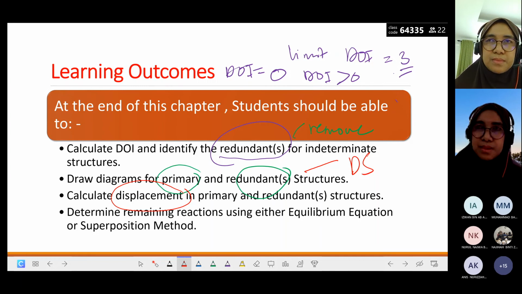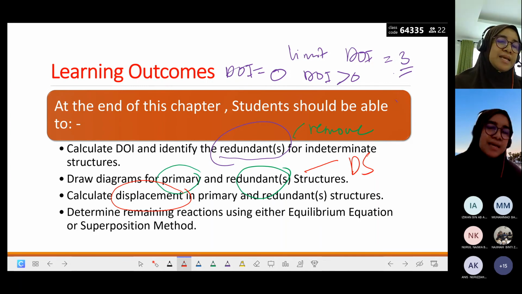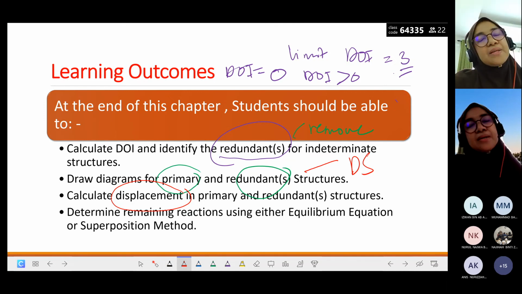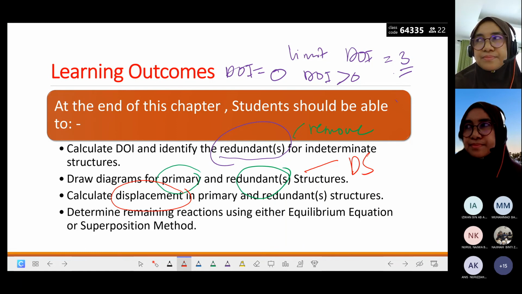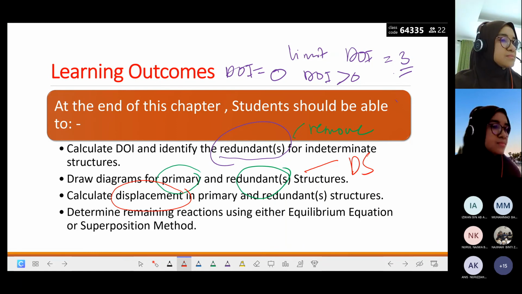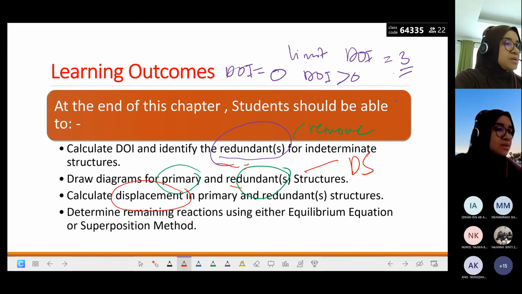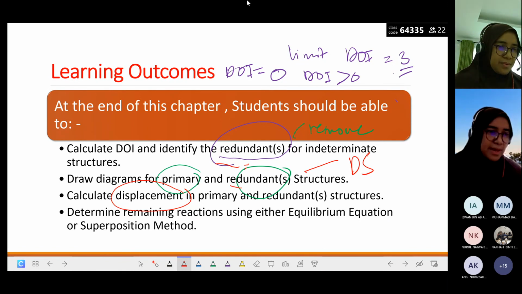Shear force. Okay, shear force. Any more? Reaction. Okay, reaction. Other than that, moment.